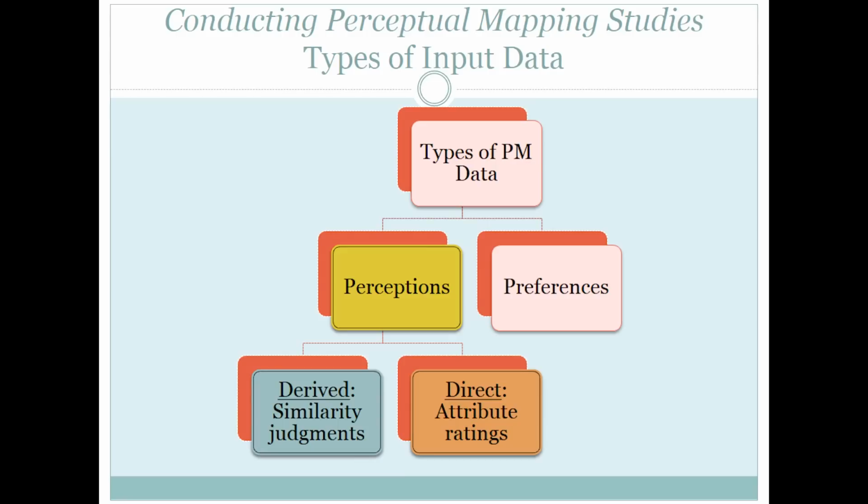On the perception side, you have similarity judgments and you have attribute ratings. In a similarity judgment, you show two things and ask which of these two are most alike on a scale of 1 to 7 or something like that. You get ratings in that regard.